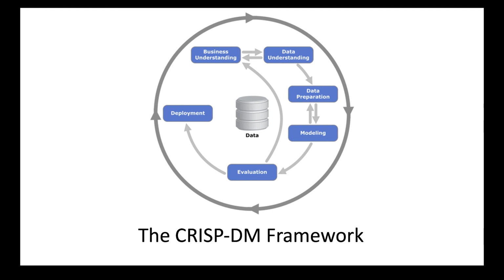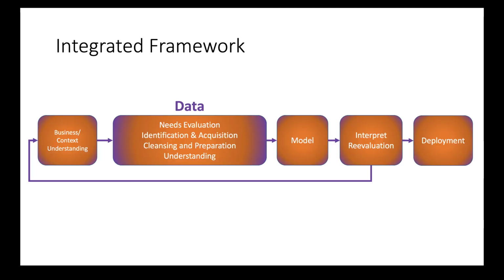But what I really want you to understand is that no matter whose model you pick, this is basically what's happening. You have data. You have a whole bunch of time spent on that data. You model, you interpret your results. You either have the results you want and you deploy, or you reevaluate and you go back to the business and say, this model didn't really work.